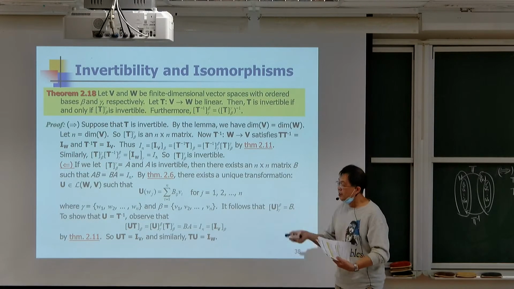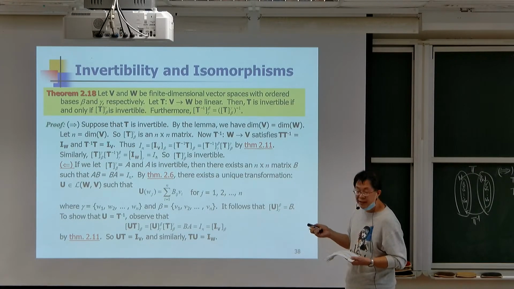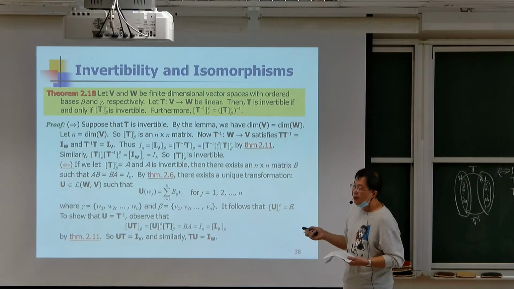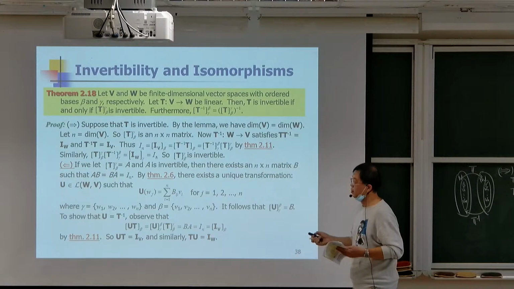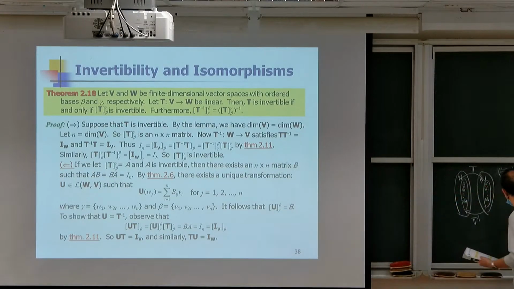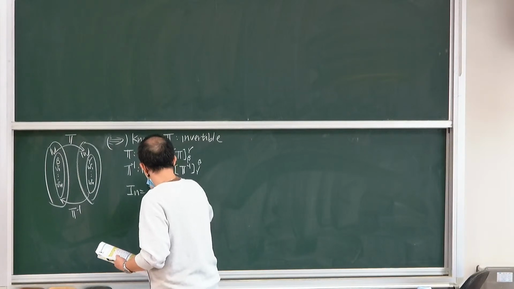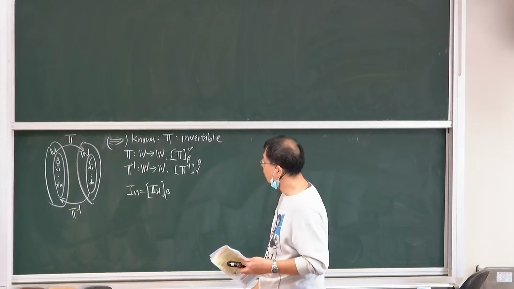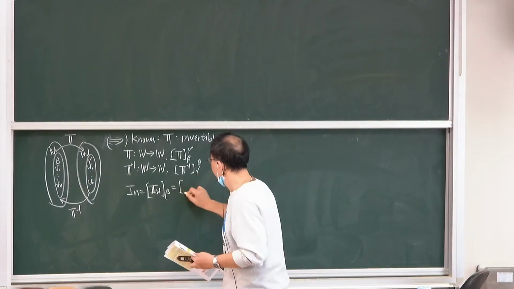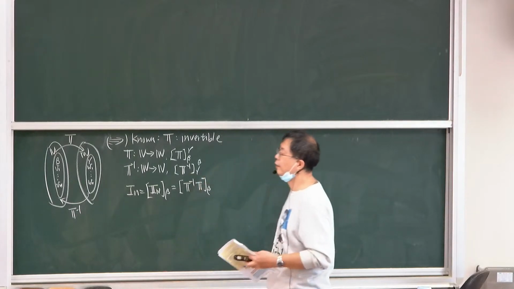If we use matrices to represent I_V and I_W, both of them are n by n identity matrices. So I_n equals I_V from beta to beta, and I_V can be decomposed as T inverse and T from beta to beta.